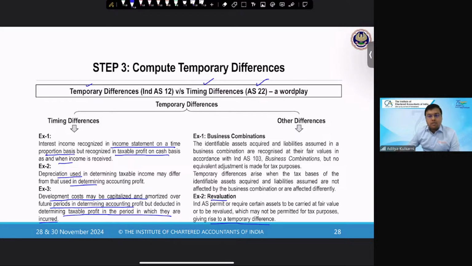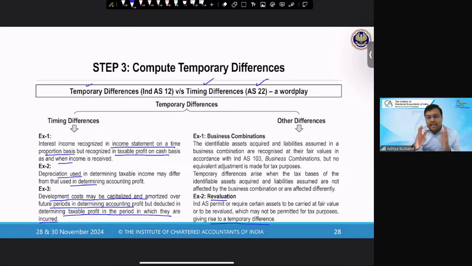But here, we are comparing the carrying amount of the asset, which could be with revaluation or without revaluation, against the tax base. So automatically, all the impacts of revaluation, impairments, depreciation, accelerated depreciation, all these automatically get covered. And therefore, the balance sheet approach is a more comprehensive approach as compared to the P&L approach that we had studied when we were doing AS22.